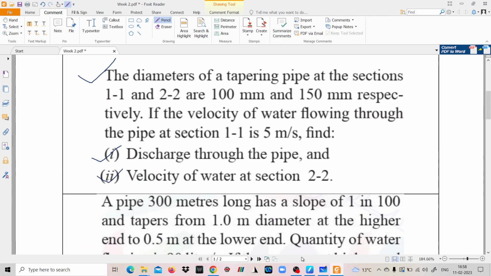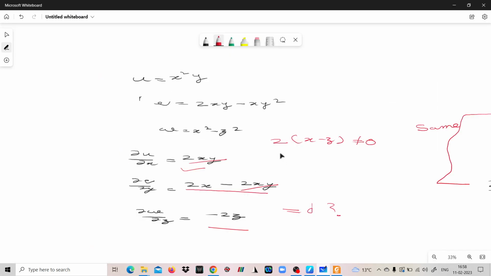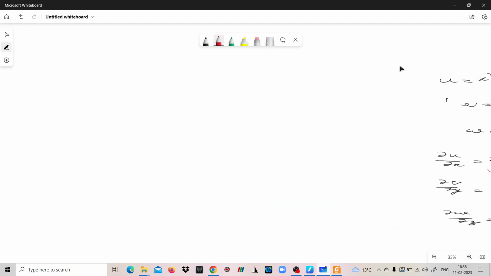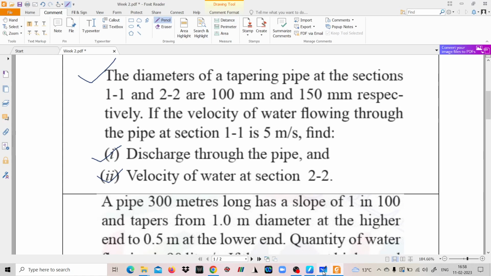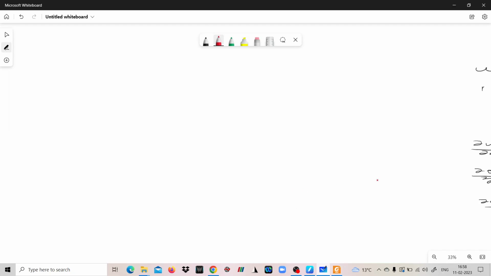Okay, so what is the situation? Let me explain the situation. There is a tapering pipe, and in that pipe, two sections were considered.